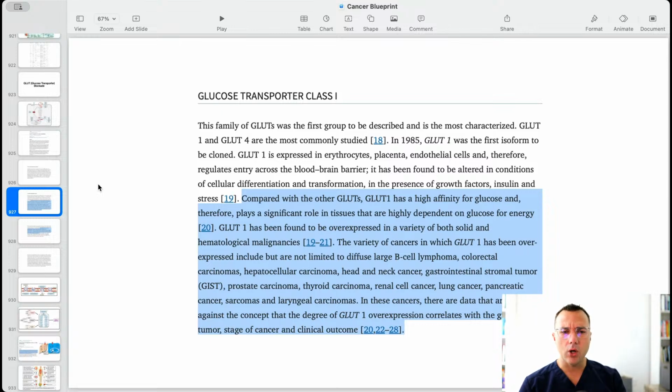They were basically saying that although these cancers that we just read off are all highly dependent on GLUT1, at least at the time of publishing this paper, which was more than 10 years ago, if they were looking at biopsies of these types of cancers, there was some data showing a worse grade of the tumor or a stage of the tumor or even a prognosis of the tumor, whereas some data did not. I'd be curious to know if that has evolved over the last 15 years.